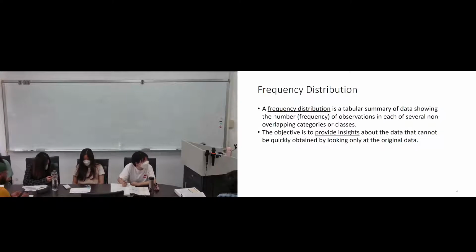What's the frequency distribution? The frequency distribution is a table summary of data that shows the number of observations in each of several non-overlapping categories or classes. In the table, we have the categories, or classes, and the classes are non-overlapping.